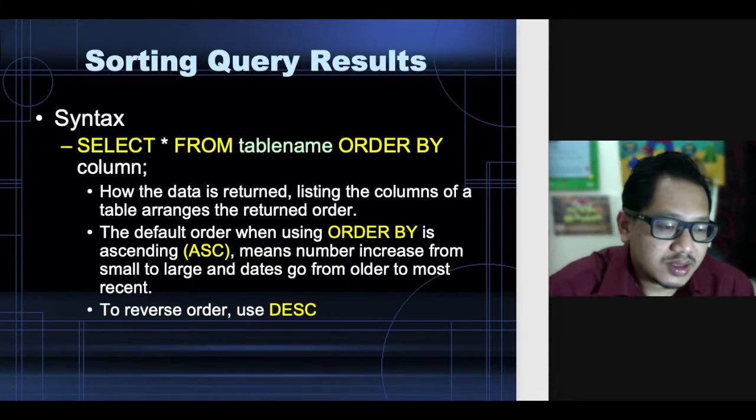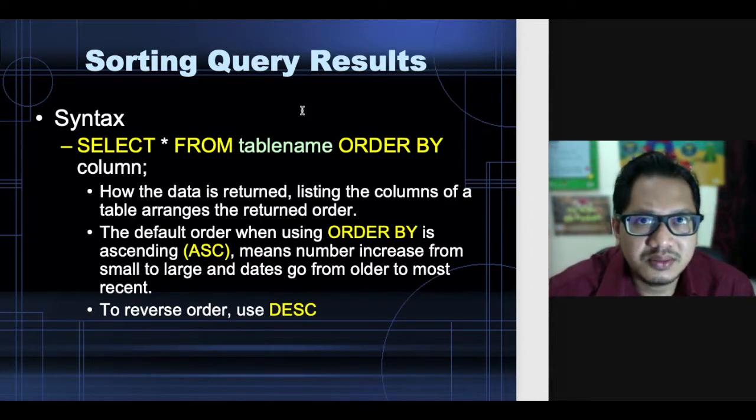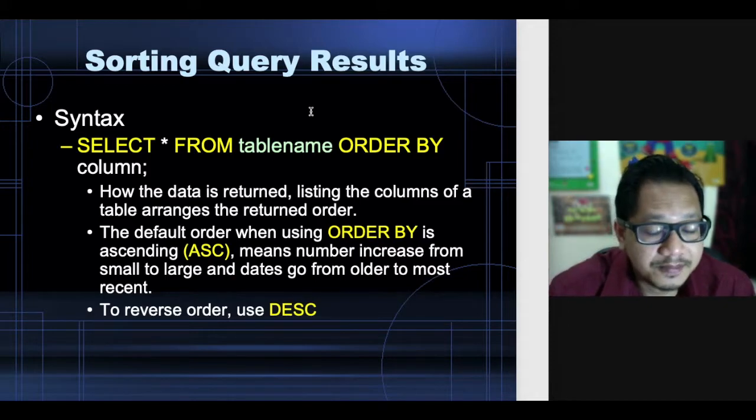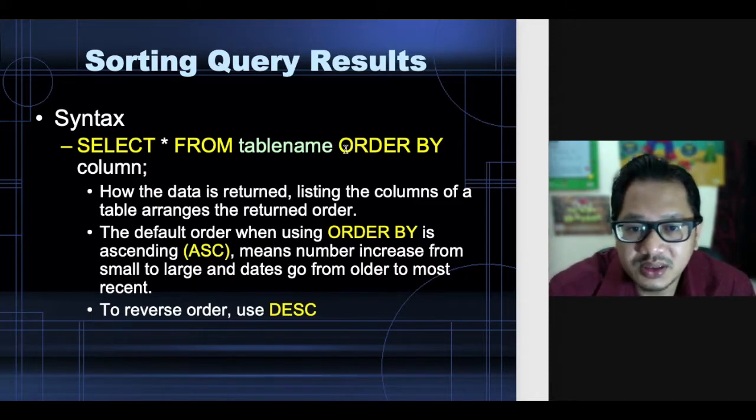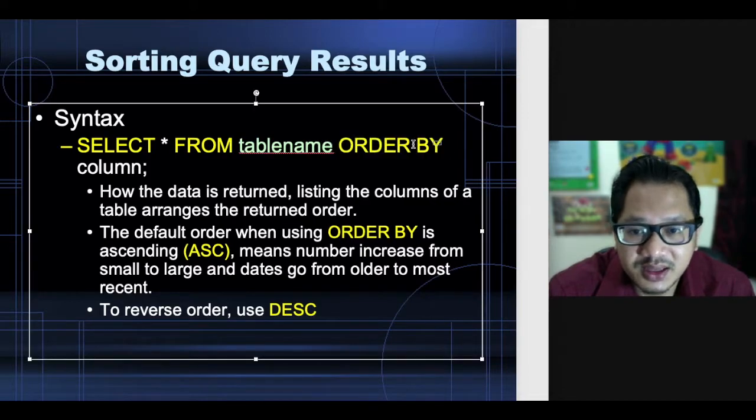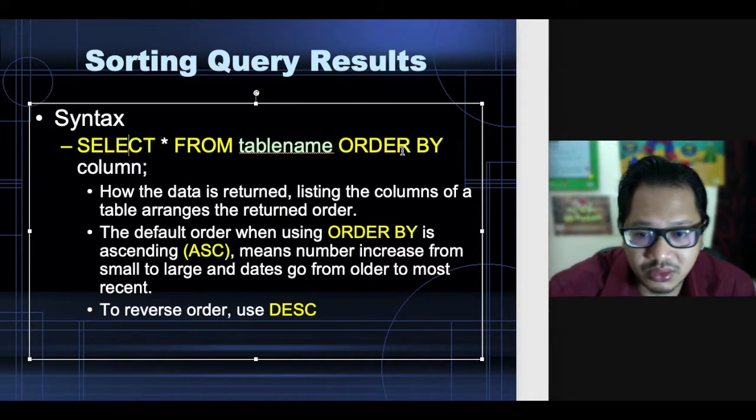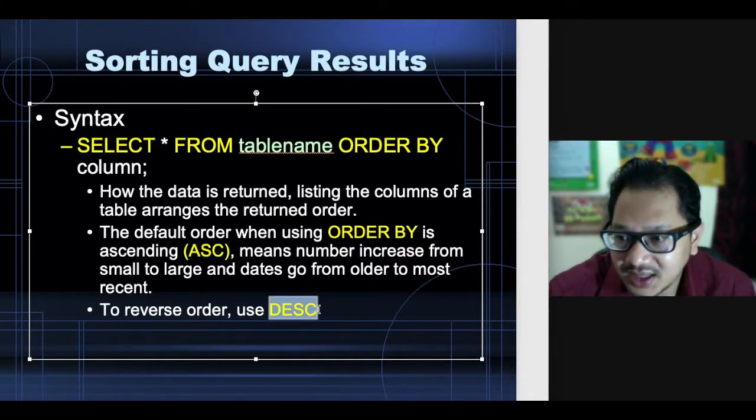Okay, sorting. We move forward into sorting after you select. You make a selection, put a limitation and so on, and then you need to order. To put an order, you can use ORDER BY. SELECT *, still FROM table name, and then ORDER BY, using ascending, ASC, or descending.